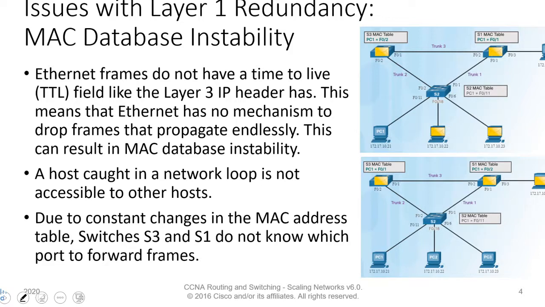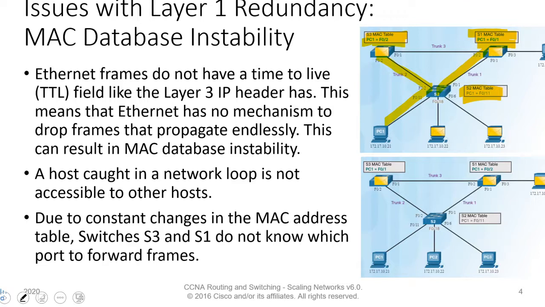What we can observe is the MAC address table at the initial stage is fairly what we expect. So for PC1, S2, this is the best port to connect. For S3, this is the best port to connect, and S1, this is the best port to connect. So that is perfectly all right.